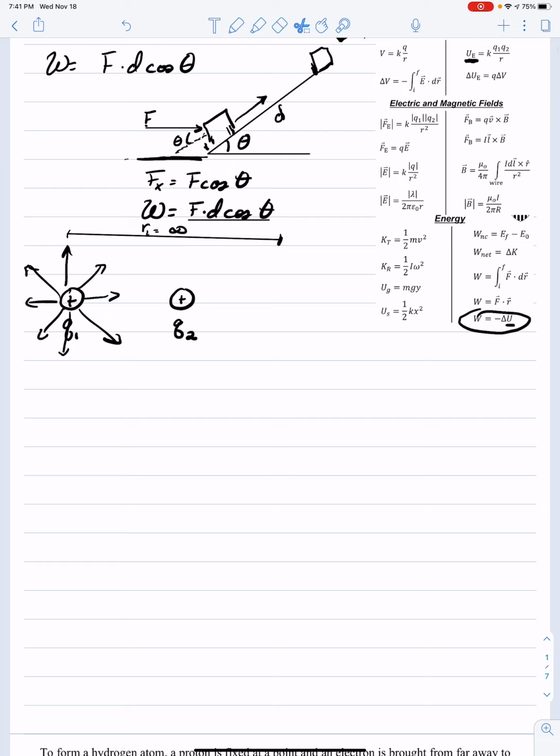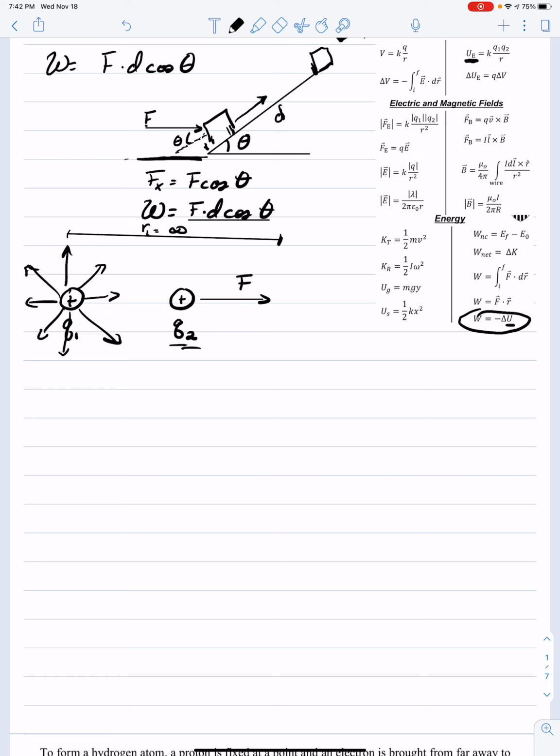Remember, electric potential energy describes how much stored energy a charge has when moved by an electrostatic force. So the closer they are, the greater the electric potential energy, because now I have an electrostatic force that is pushing this way because I am getting ever closer.